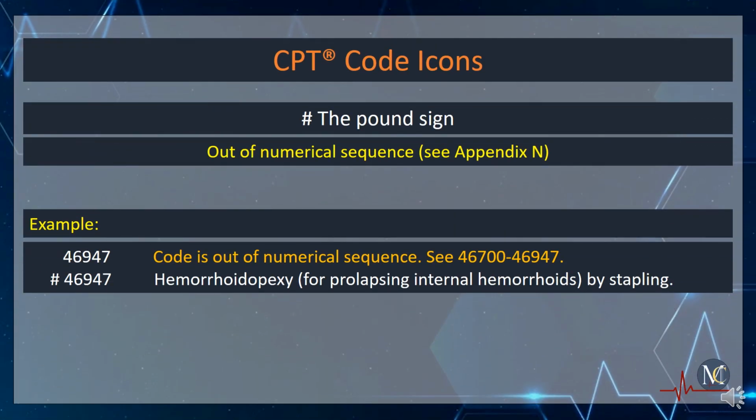Our next icon is the hash or the pound sign. It means the code having this sign is out of its numerical sequence. In the CPT manual, the codes are arranged in numerical sequence. Let's take the example of 46947.